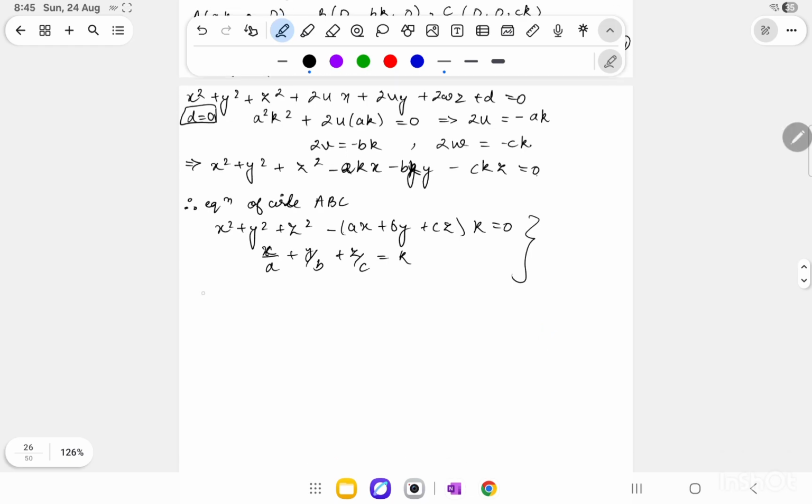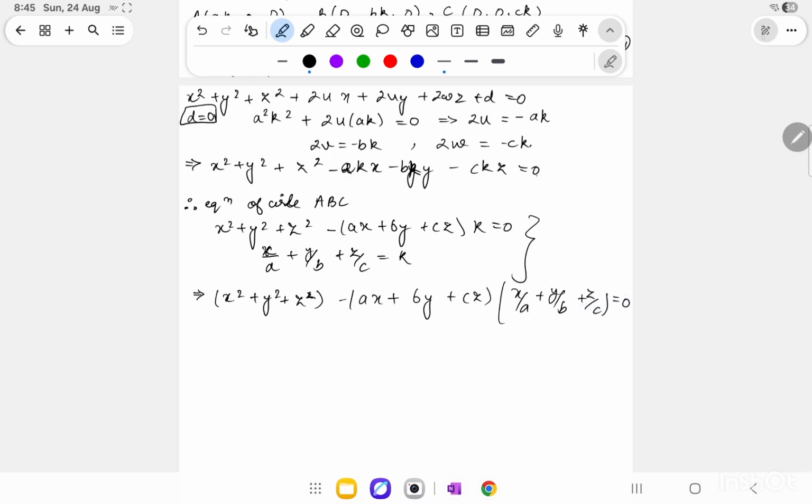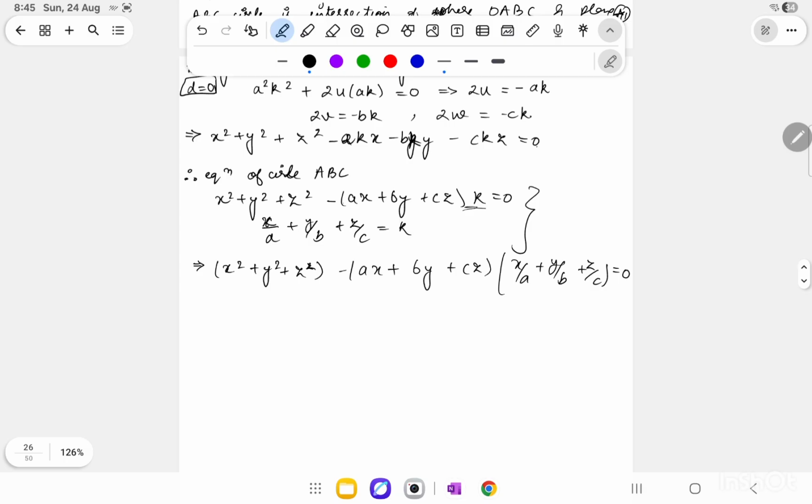We know that the general equation of a cone is homogeneous. So the equation of the cone will be x square plus y square plus z square minus (ax plus by plus cz) into (x by a plus y by b plus z by c) equals 0. We have substituted the value of k in the equation of the sphere to make the equation homogeneous.